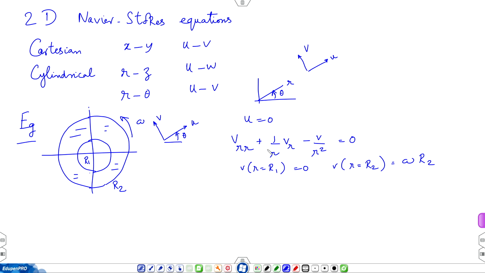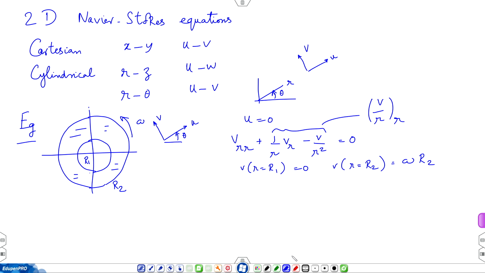So, I am sure you know of many different approaches for solving ODEs of this type. One approach is you can combine the second and the third term, 1 over r dV/dr minus V over r square, which can be written as what is it? d/dr of V over r. And then integrate once.